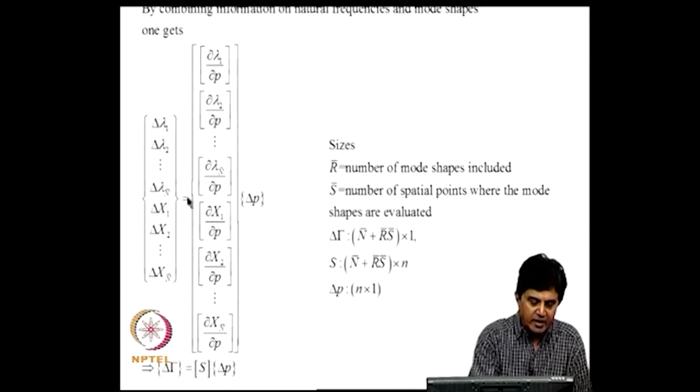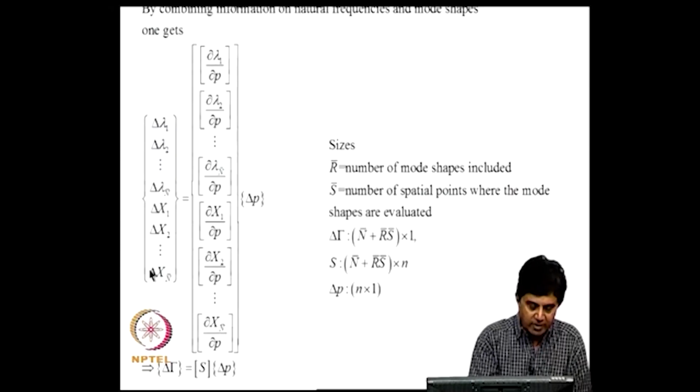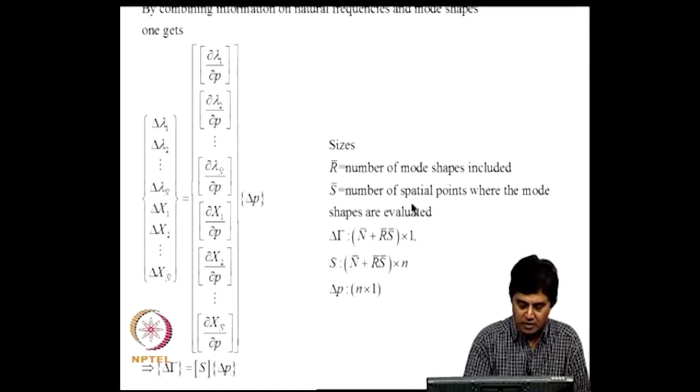If we consider n bar number of modes, I have results on n bar natural frequencies and n bar mode shapes, and those mode shapes themselves will be measured at several points. So that also has to be understood. There will be issues about the sizes of this equation. Suppose I have r bar number of mode shapes included and s bar number of spatial points where the mode shapes are evaluated, this delta gamma will be of this size, S will be of this size, and delta p will be of this size.